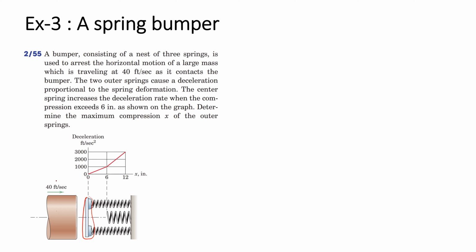And it has the initial speed in the positive x direction. Let's make the initial speed V0 equal to 40 meters per second.